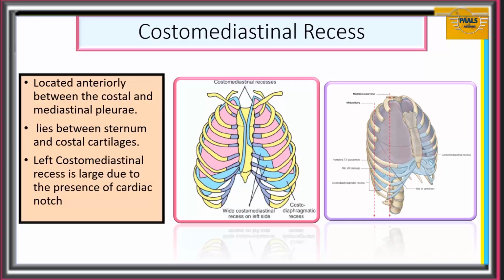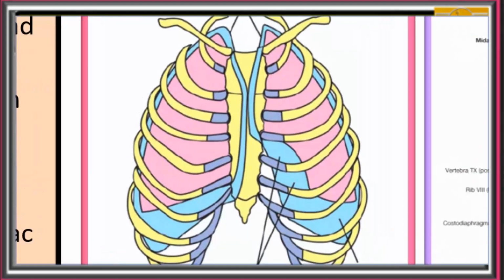We also consider the next major recess, which is the costomediastinal recess. The costomediastinal recess is located anteriorly between the costal and mediastinal pleura. It lies between the sternum and the costal cartilages. Here is that recess.